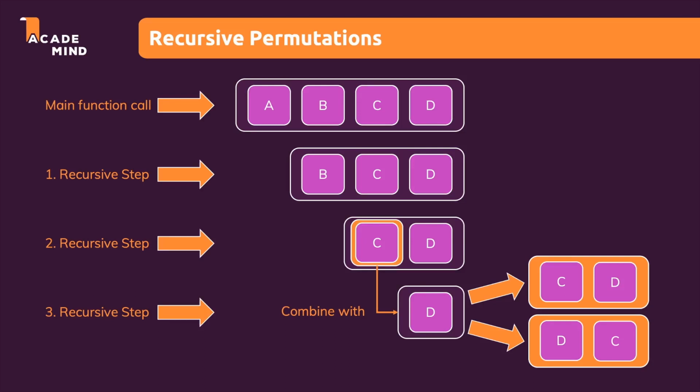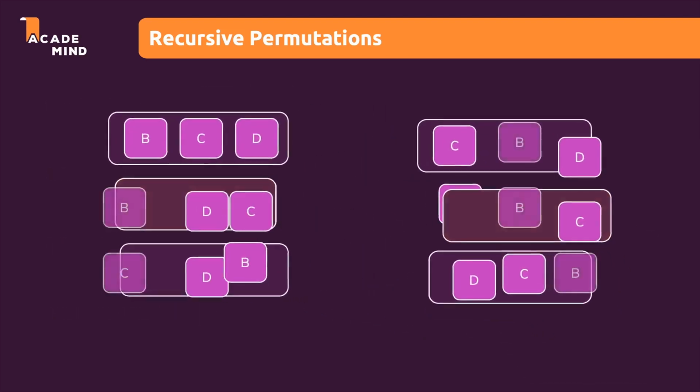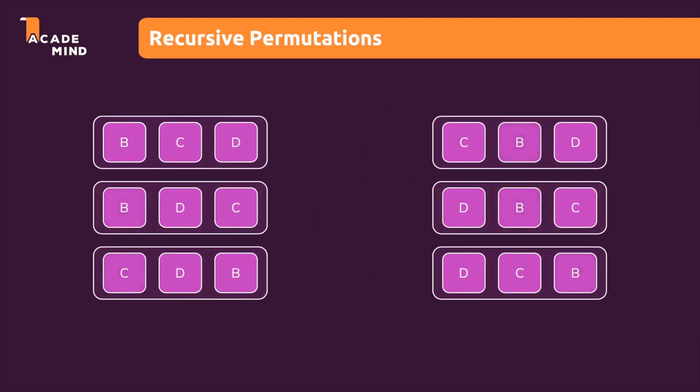Because when we now derive these combinations, we'll combine these permutations with the element we left out to derive that middle shorter array. So in this case, we would combine B with CD and DC. And we'll derive all new combinations we get by combining CD and DC with B. So we'll get these combinations. And we would then take those and combine them with the last remaining element, A, in this example.